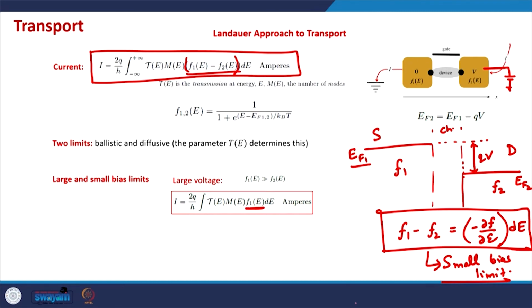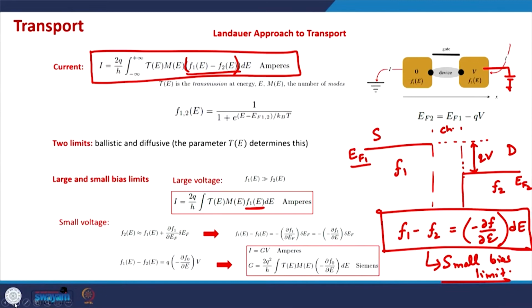Okay, so we are just trying to see how to use the general model of transport, which we had already discussed, in the context of the MOSFET. We have already seen that in the small bias limit this difference goes to this value, or sorry, there is this term Q times V as well here.